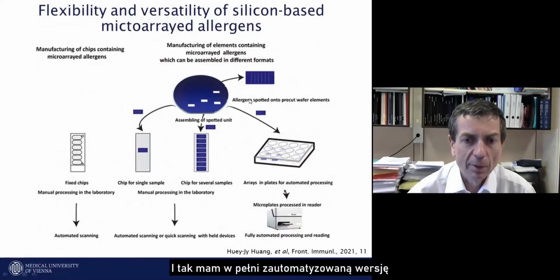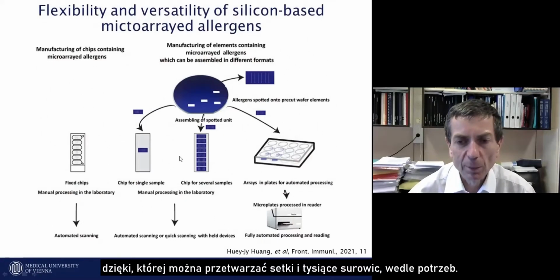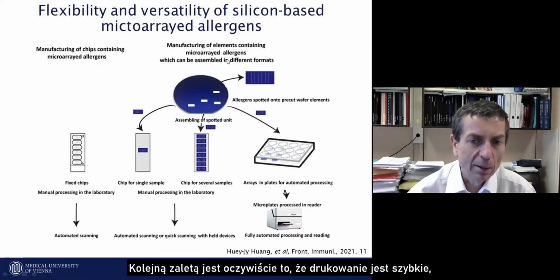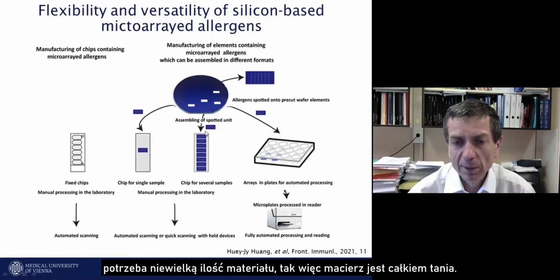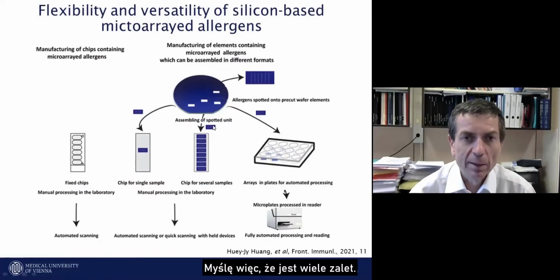And then I have a fully automated version so that I can process hundreds and thousands of sera if I want. The other advantage, of course, is that the printing is fast. Little material is needed, so the array is quite inexpensive. So I think there are a lot of advantages.